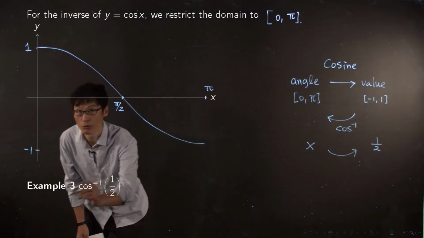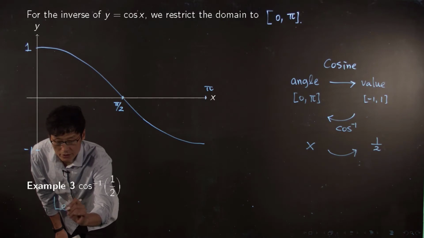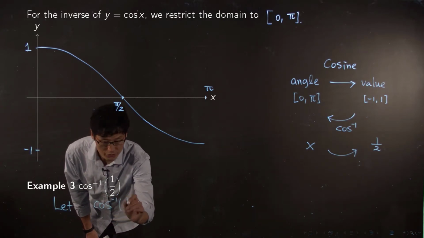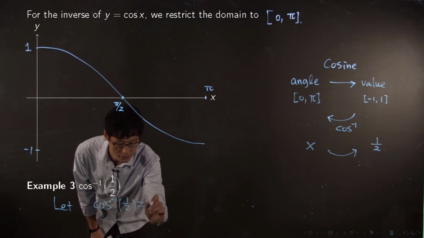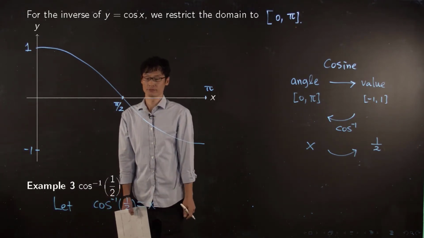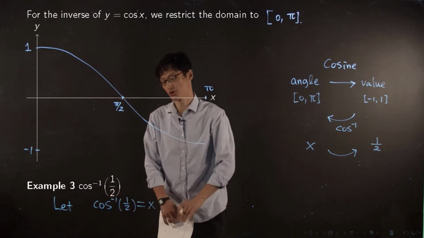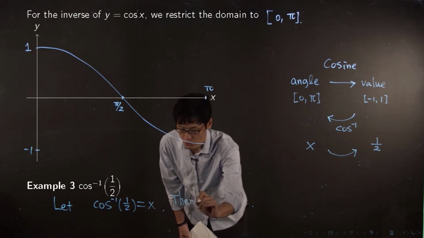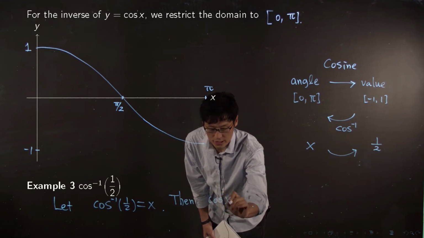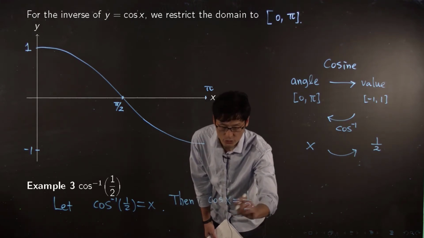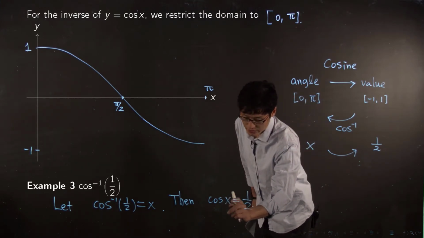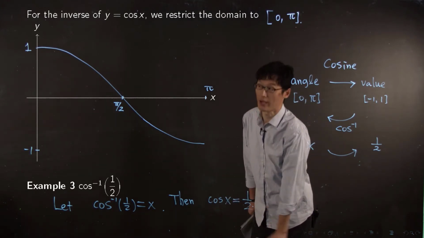So again, you can start with letting this given expression be x. Then by the definition of the inverse function, we can say the original function assigns 1/2 to this angle, and you are after this angle x so that the value is 1/2.